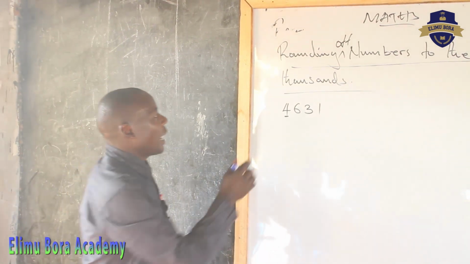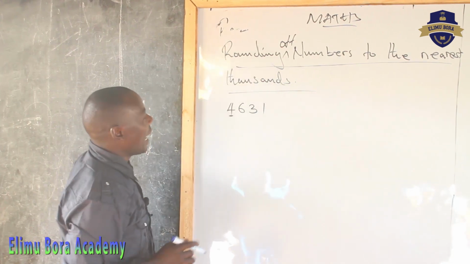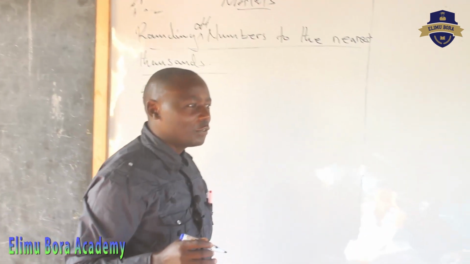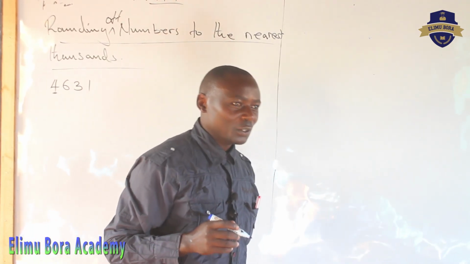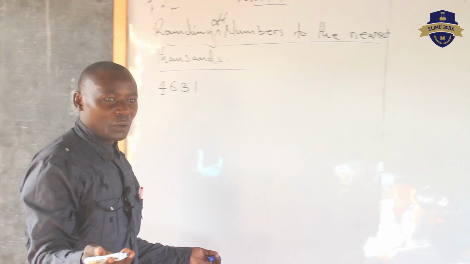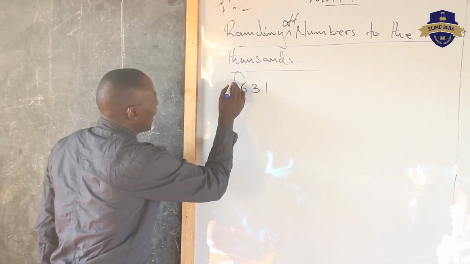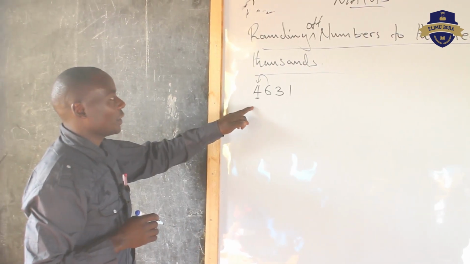For example, this is our place value, 1,000. Our next number is 6. Is 6 greater than 5 or less than 5? Greater than 5. So what next? You carry 1 to 4. It becomes 5.